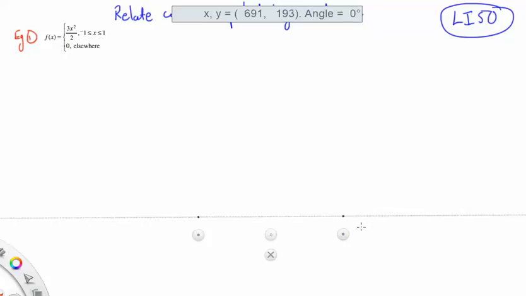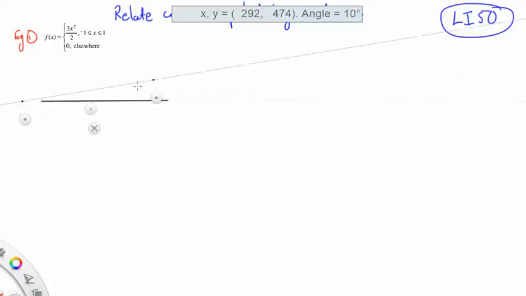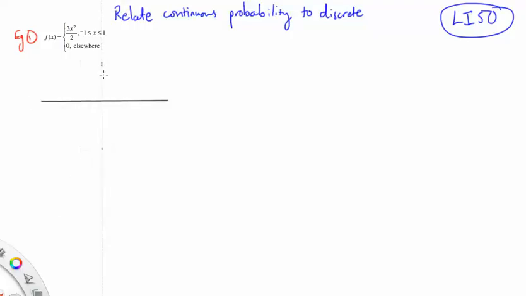Let's sketch the curve. Ruling up my axes, what does this look like? Well, use your CAS, whatever. It's going to look something like this. It's going to be a parabola that has endpoints here and here.